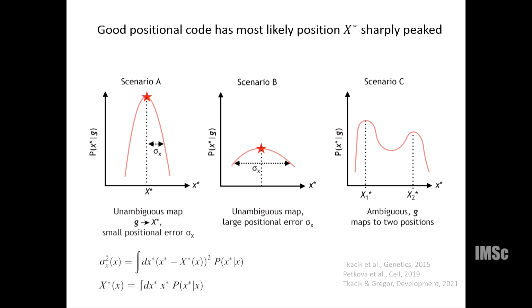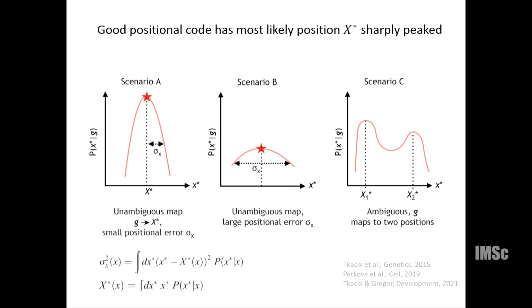And later on in this talk, I will also give you some examples of that, not in Drosophila, but in the spinal cord, where you have this so-called positional error. This is this sigma x that gives you basically the uncertainty of the cell. You can imagine cells sitting here and trying to figure out, based on the concentration, what its fate is. So of course, if this input signal is really broad, this uncertainty is high.